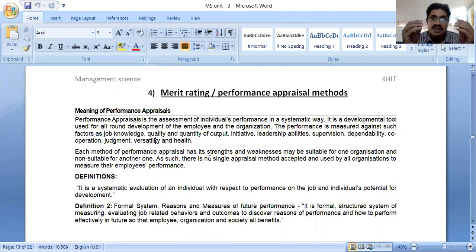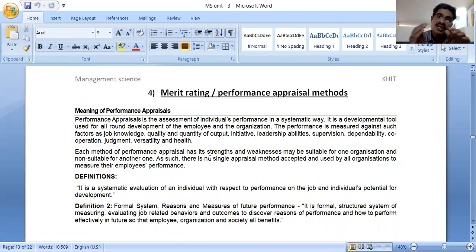If the performance of the employee is good, then we will give him promotion or increment or bonus, etc. If the performance of the candidate is very bad, then the company will give the bad performer a retraining facility.